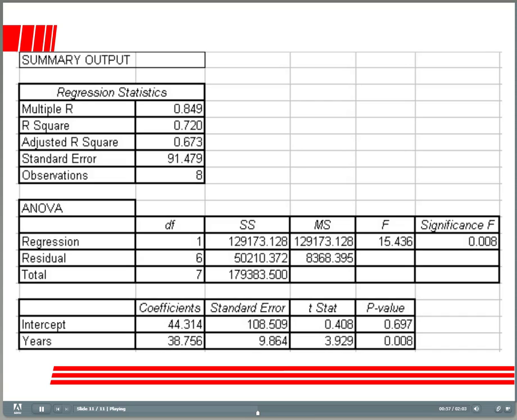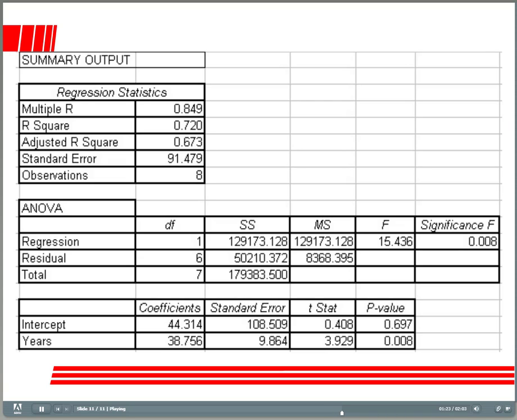And the p-value, or significance of F, is 0.008. So if we were testing the hypothesis that there was no linearity, we would reject that null hypothesis because we have a p-value of 0.008.